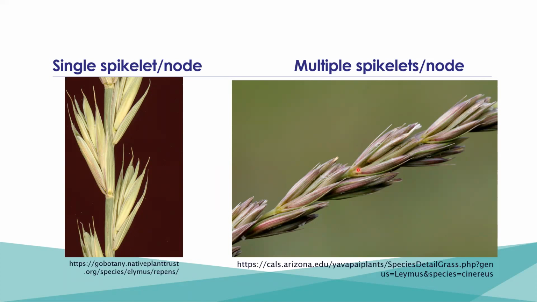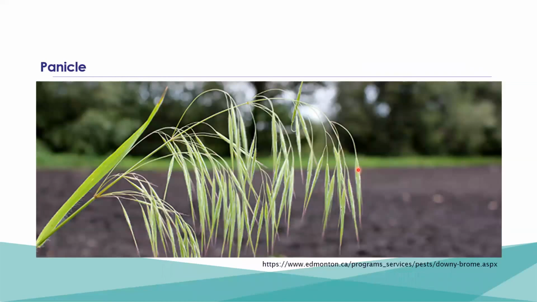So we have 2 spikelets per node. And here's an example of that panicle, where you can see that central stem with a branch taking off here and another branch leading you down to your spikelet.